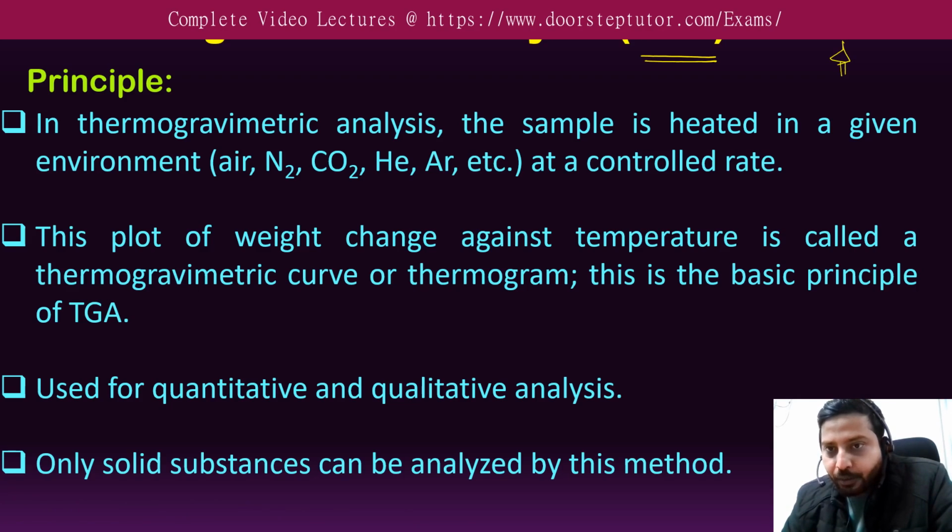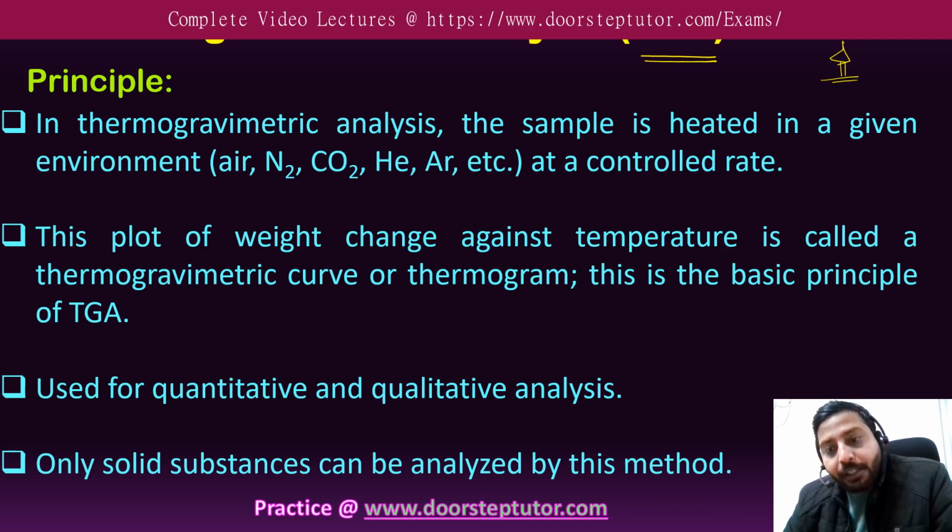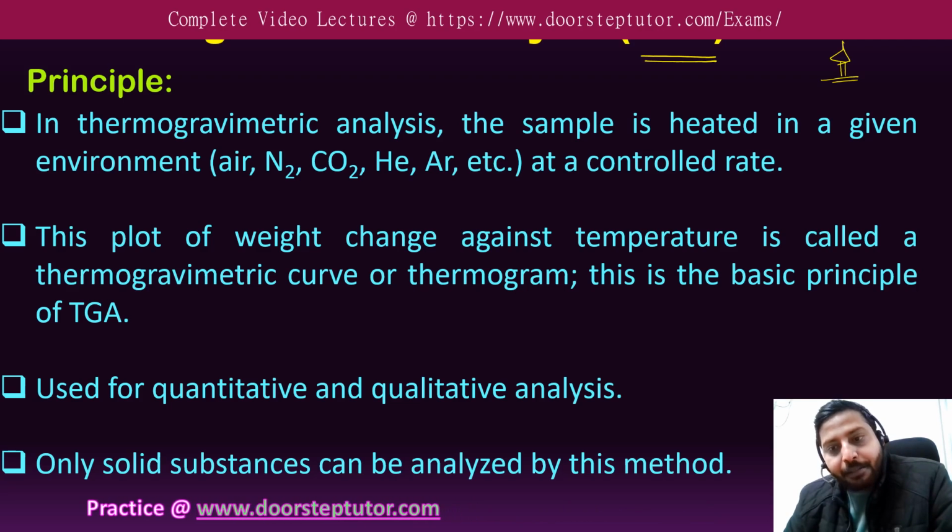During the heating, if it loses some weight, then it is thermally unstable. Up to what temperature it remains stable and does not show any decomposition, that's called the thermal stability of that compound.